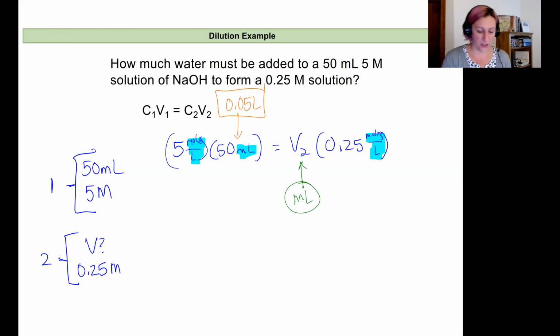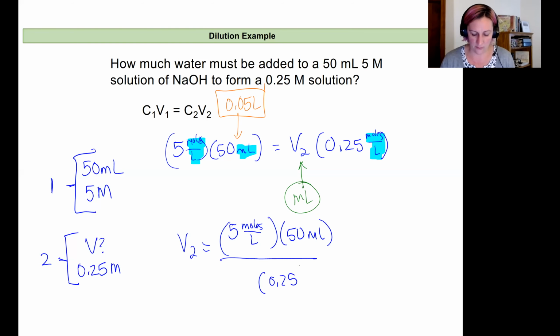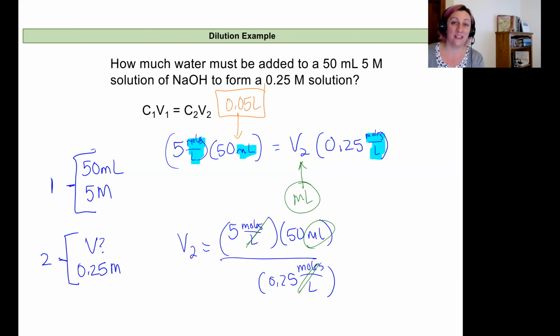So you can choose whichever one you prefer. Volume 2 is going to be equal to 5 moles per liter times my 50 milliliters divided by my 0.25 moles per liter. And just to prove this, our moles per liter cancel out, and I'm left with units of milliliters for my answer. So it actually works out.